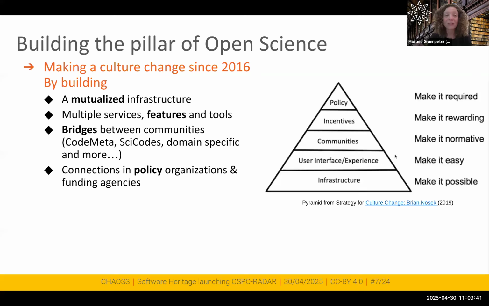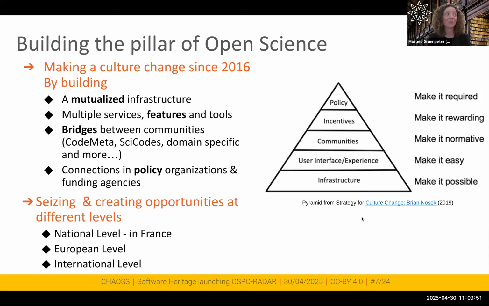This is important because the recognition of software in academia wasn't natural when I started my journey at Software Heritage in 2017. We're trying to seize and create opportunities at different levels, and with you here, it's the international level of opportunities. I'm very happy to be here with you.